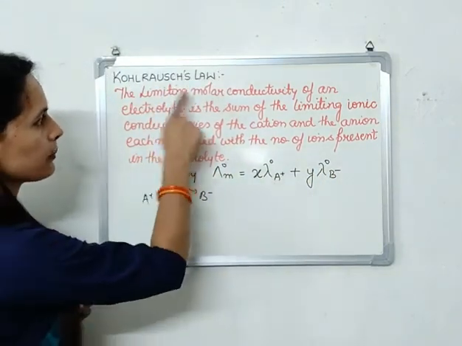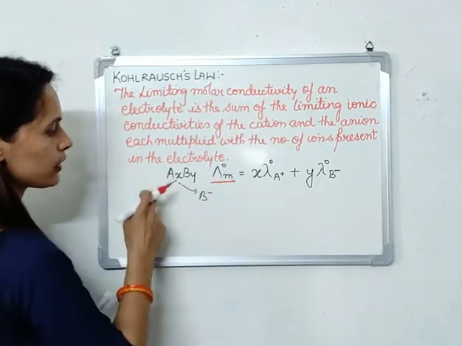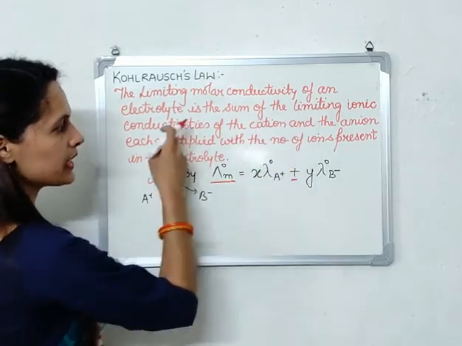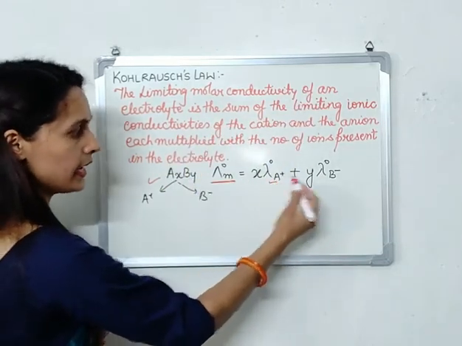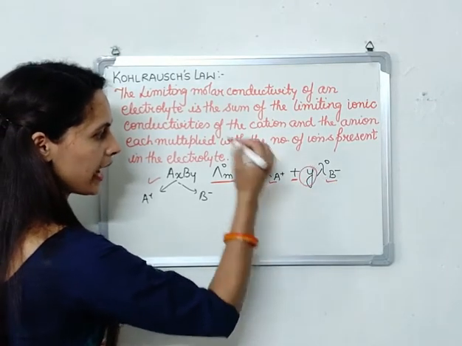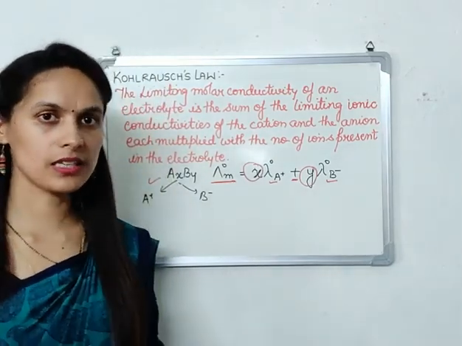So this is the limiting molar conductivity of this electrolyte, the sum of the limiting ionic conductivities of the cation and the anion, each multiplied with the number of ions present in the electrolyte.